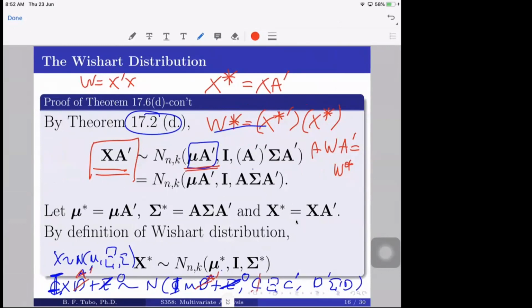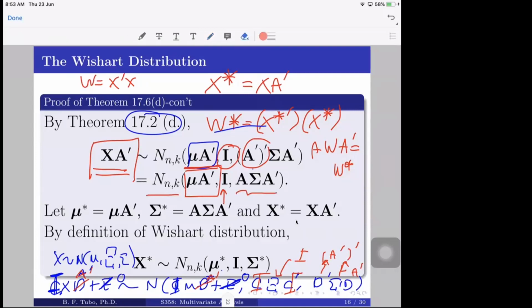C is identity, so what will be retained is psi, which is just I. And D prime sigma D is A sigma A prime. So XA prime will be normally distributed with parameters mu A prime, I, and A sigma A prime. So that is using the result 17.2.